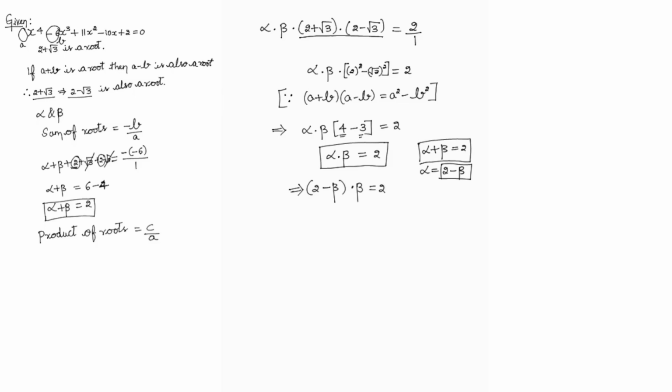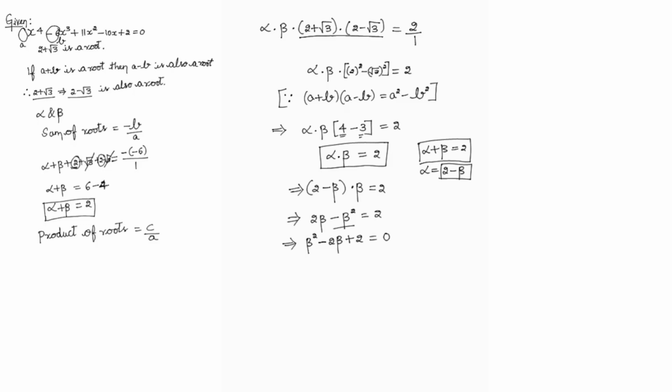Let's multiply: 2 beta minus beta square equal to 2. So we will write it as an equation. We'll move beta square to right hand side, which will become plus beta square, and then 2 beta will become minus 2 beta, and then 2 remains as plus 2, which is equal to 0.